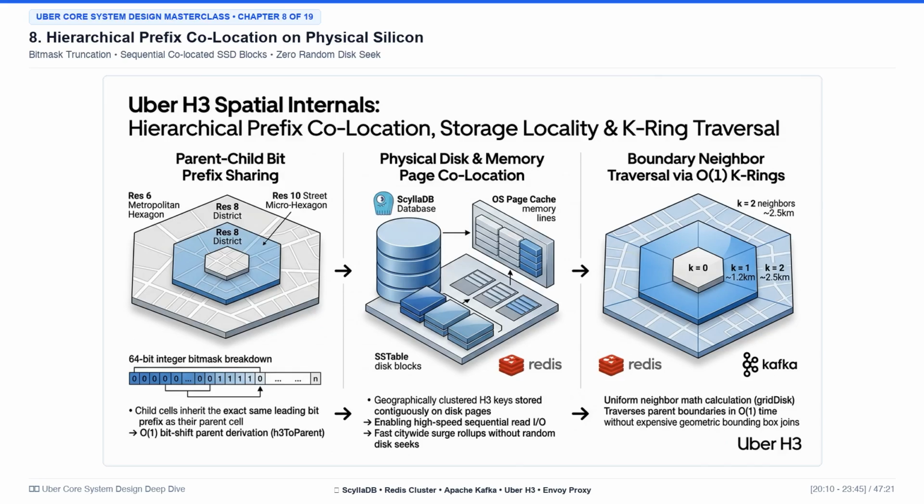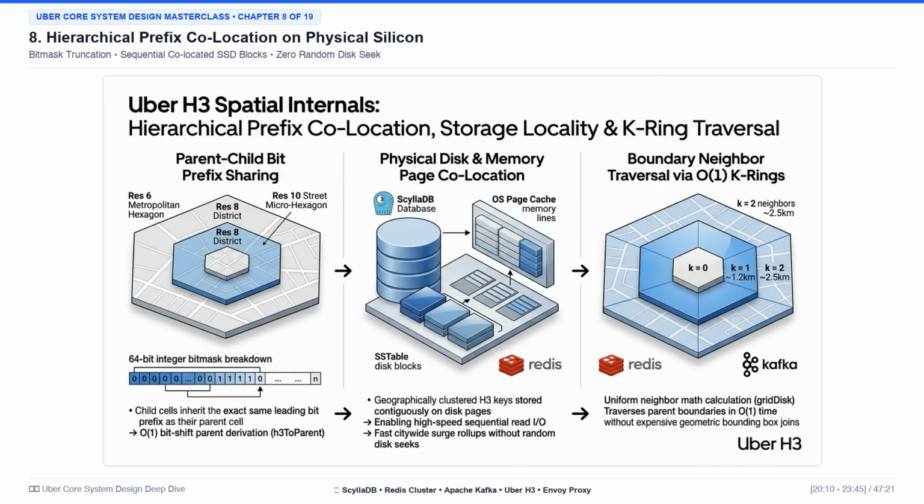How does it work? Remember how we said every hexagon is identified by a unique 64-bit integer? A string of 64 ones and zeros, yeah. Here is the secret. Because of the way the honeycomb is geometrically nested, every smaller child cell, like our Resolution 8 street block, strictly resides within the boundary of a coarser parent cell, our Resolution 6 zip code. Right. The street block is physically inside the zip code on the map.